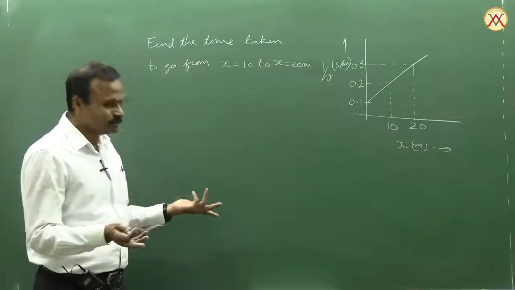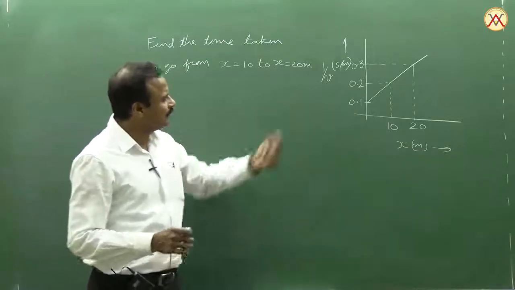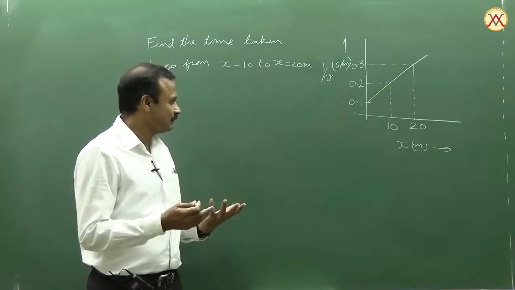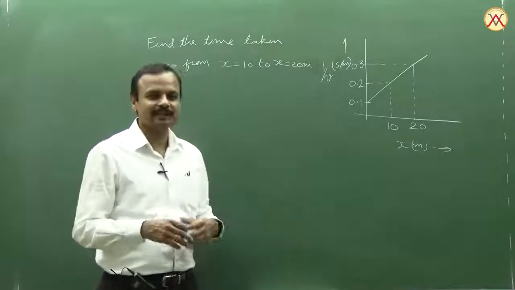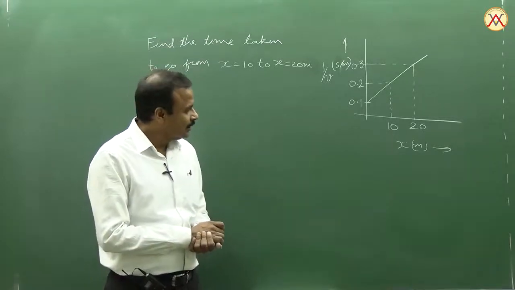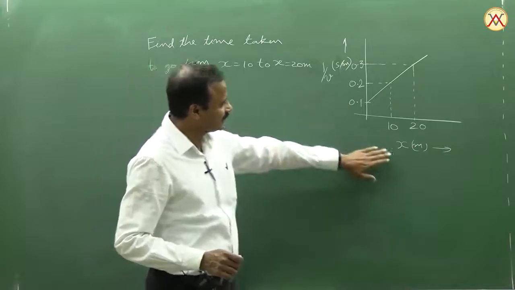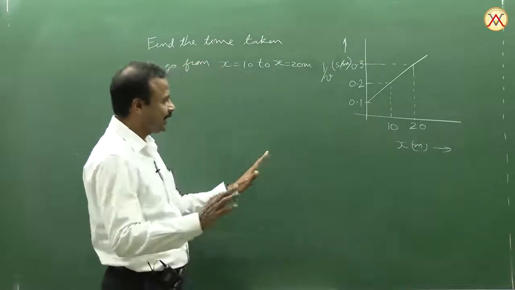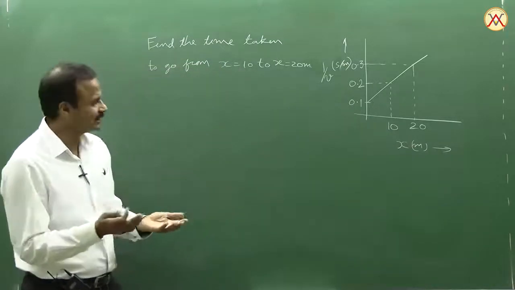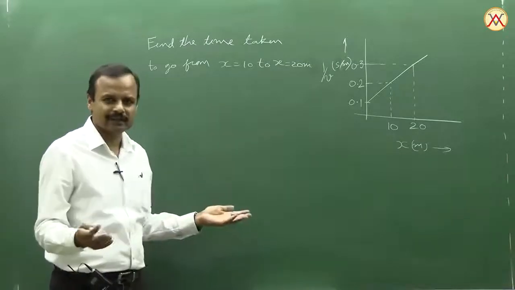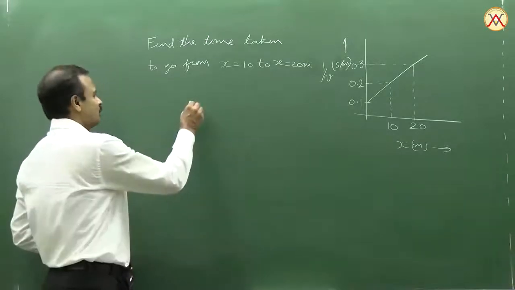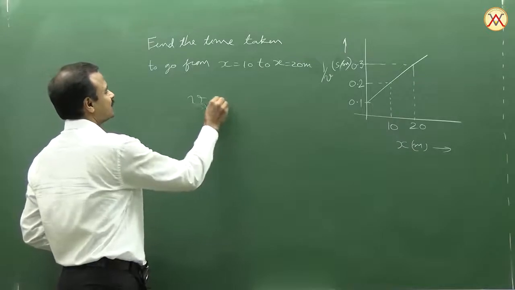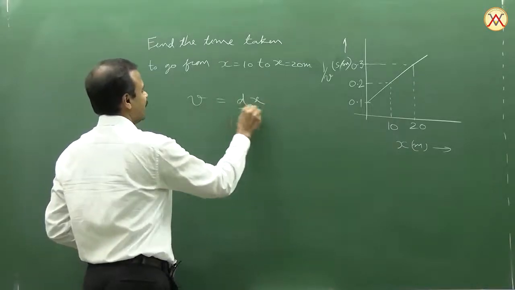Now it's a new situation for you because on the y-axis we have the reciprocal of velocity. So reciprocal of velocity is there, x is there, we have to get time. What is the relation that connects velocity, position and time? The most obvious choice is v is equal to dx by dt.